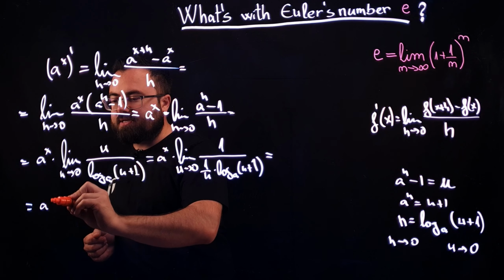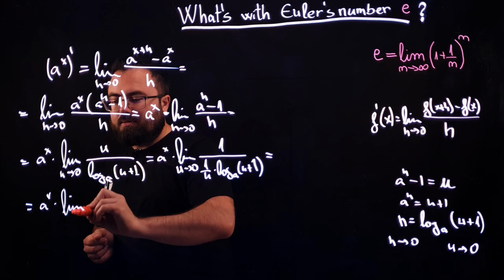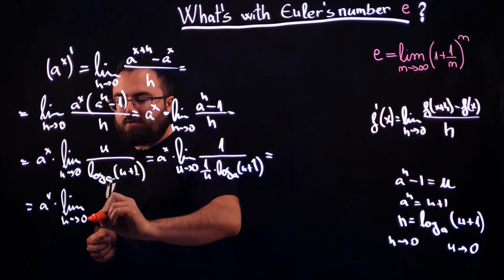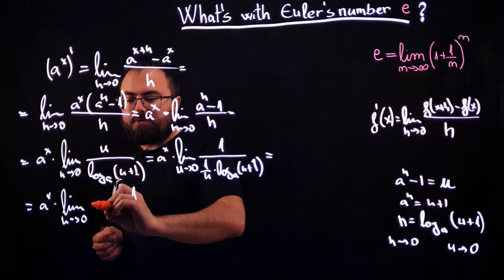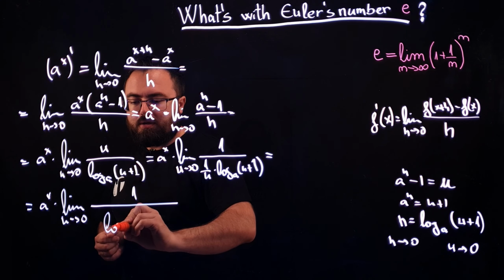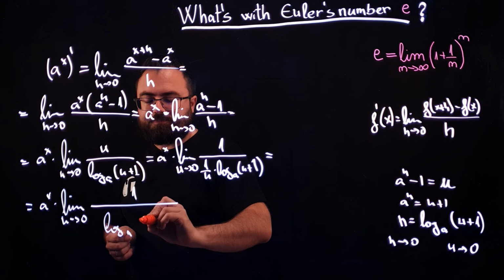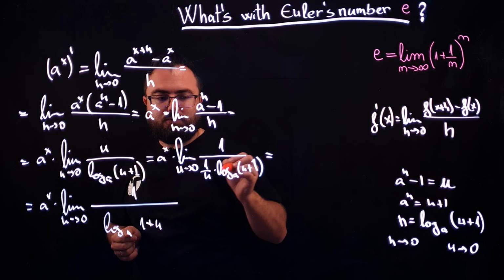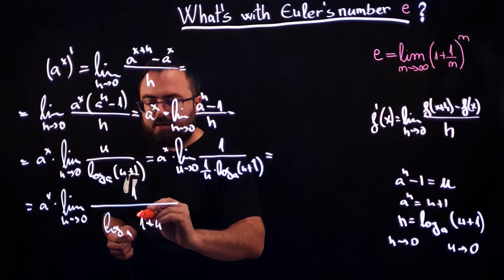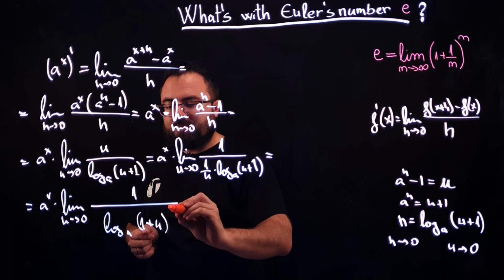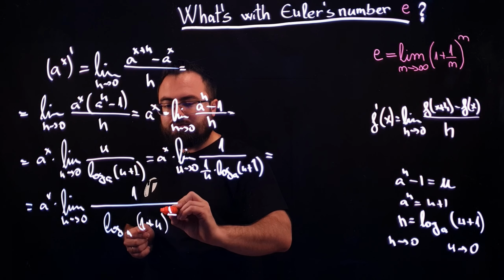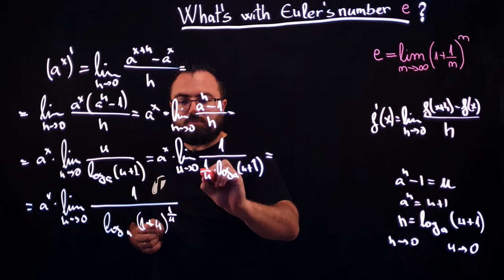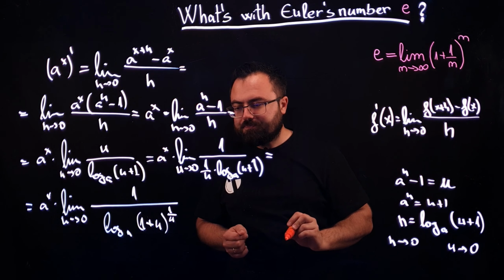So this further goes as a^x times the limit as u goes to 0 of 1 over the logarithm base a of (1 + u)^(1/u). I just swapped the terms to be easier to see, and the 1/u is the 1/u right here.